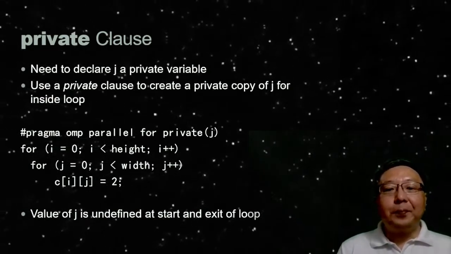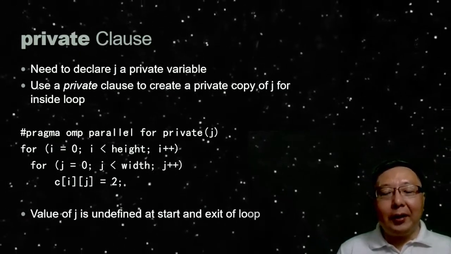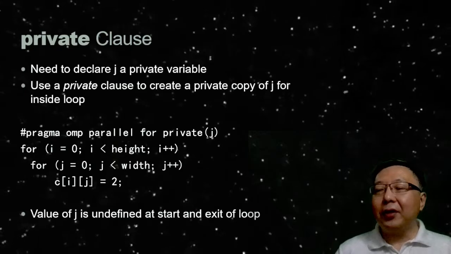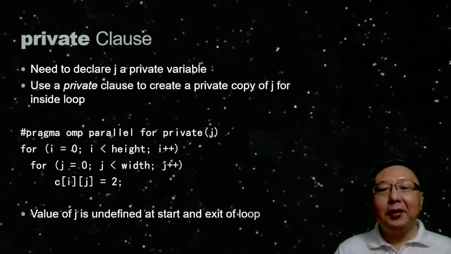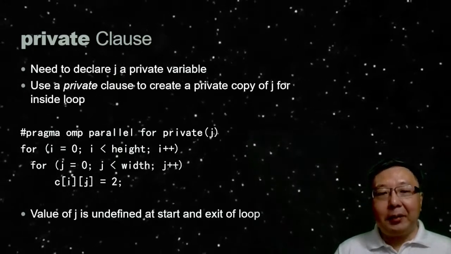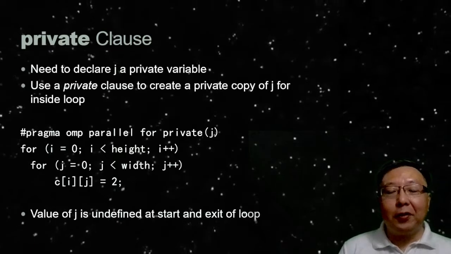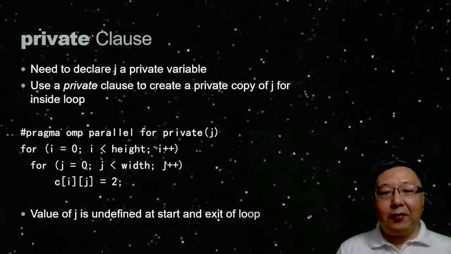And so now it will have a separate j for each of these independent i loops. Remember, pragma omp parallel for is at the for i.